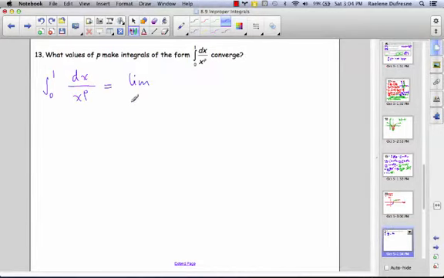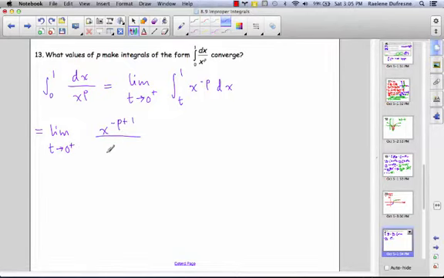So it's the limit as t approaches 0, coming from the right, of the definite integral from t to 1 of x to the negative p dx. So I get the limit as t approaches 0 from the right of x to the negative p plus 1 divided by negative p plus 1, or 1 minus p, evaluated from t to 1.